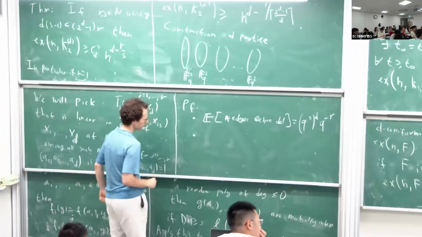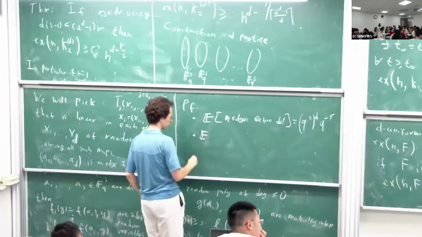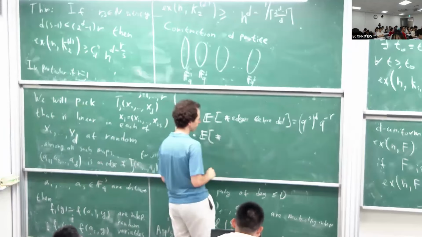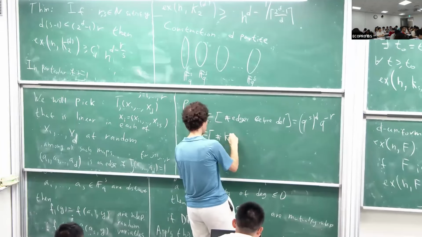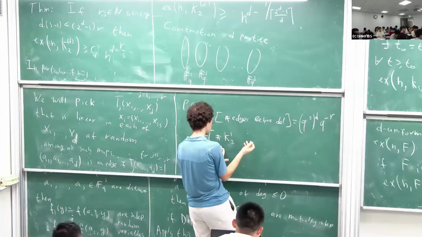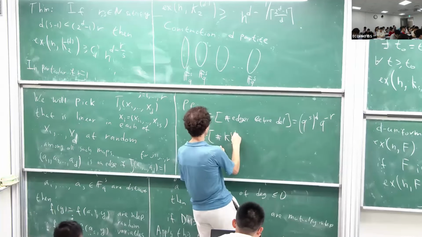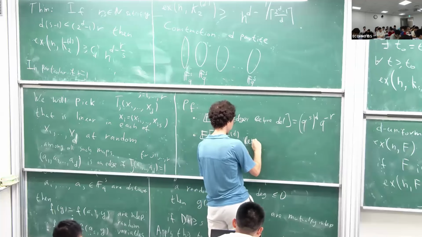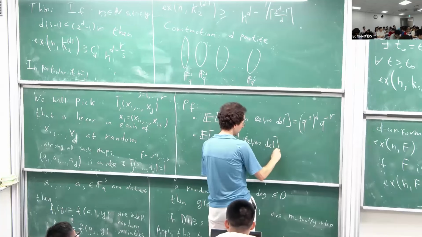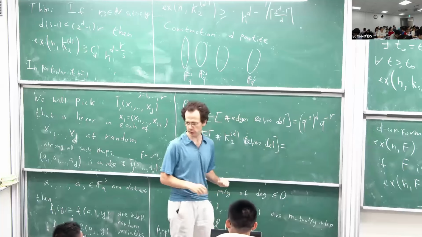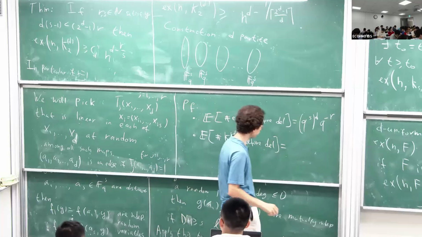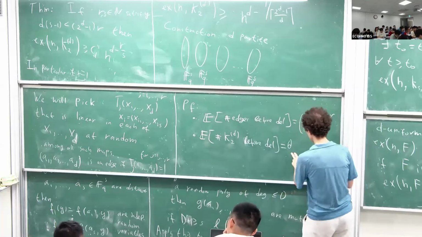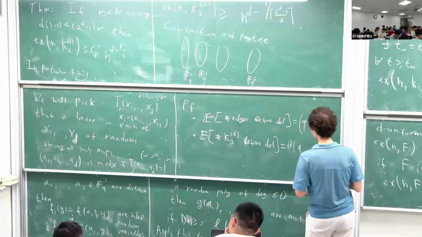The second thing, which is slightly harder than the first thing, is that the expected number of the bad configurations, the K2 Ds, before deletion, is again also going to be exactly what you expect. So it's going to be q to the... how many are you going to expect?